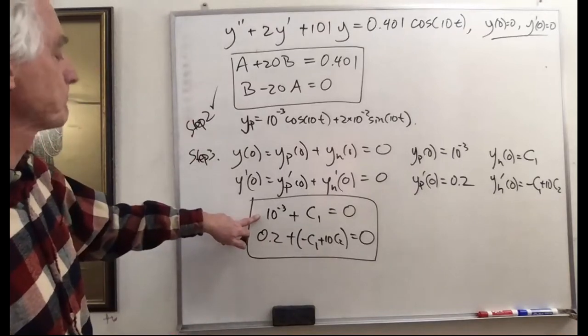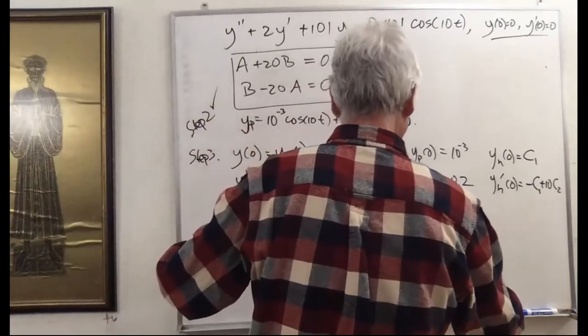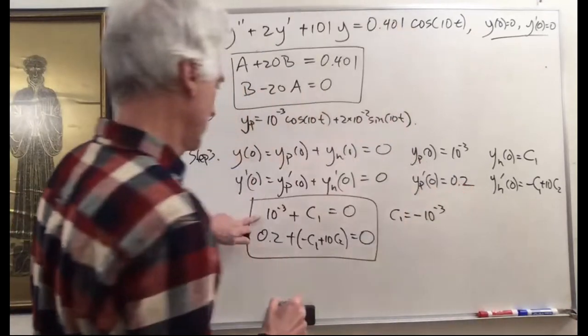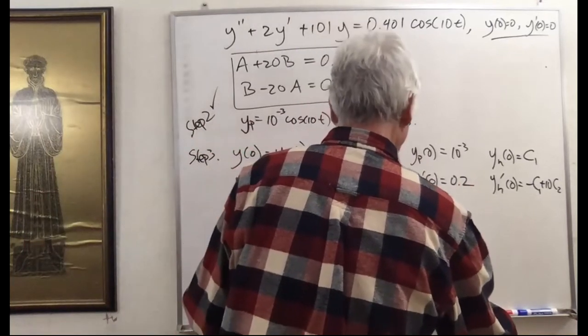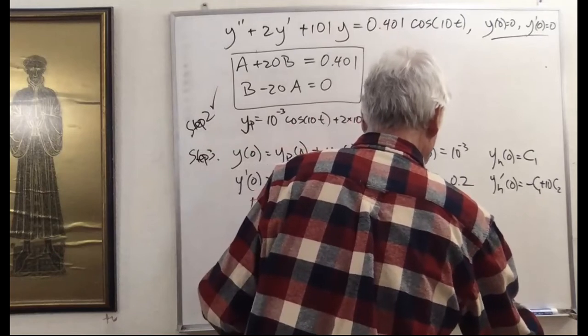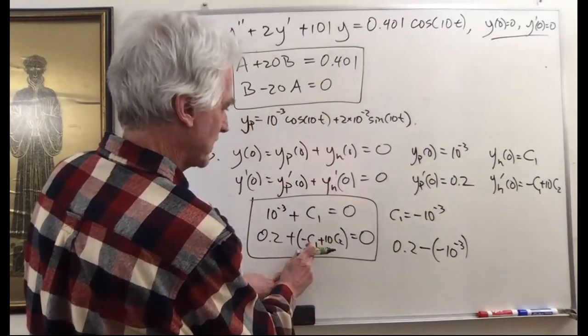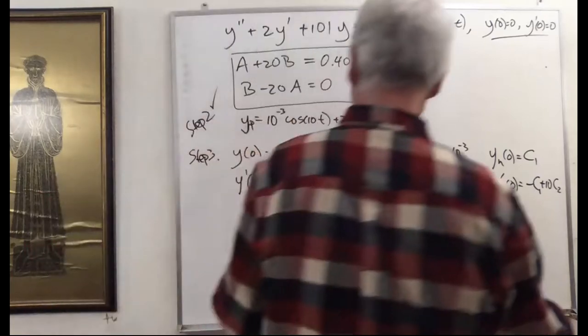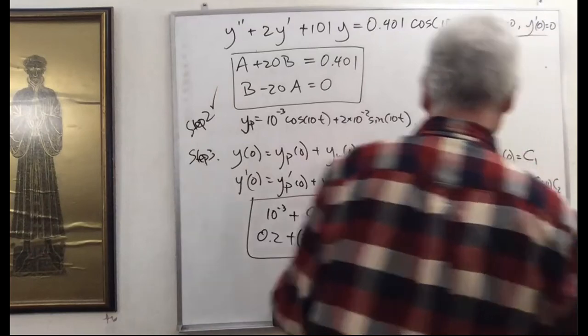Here, what do we get? Well, this one's kind of easy. C1 is minus 10 to the minus 3. And then this one says 0.2 minus negative 10 to the minus 3, plugging in the negative 10 to the minus 3 for C1, plus 10C2, that's 0.